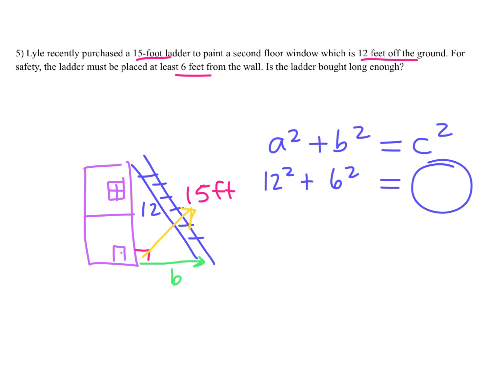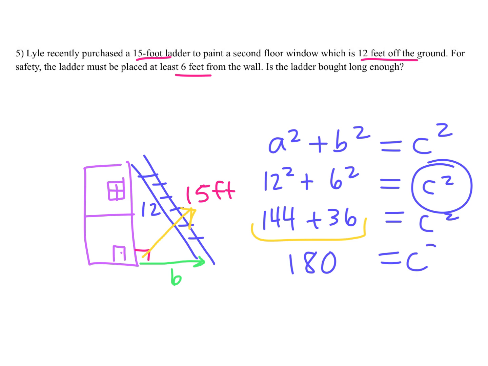So let me keep going without the 15 and see what happens here. 144 plus 36 to get that C squared. Let's see what we get here. 144 plus 36, that is going to be 180 for C squared.